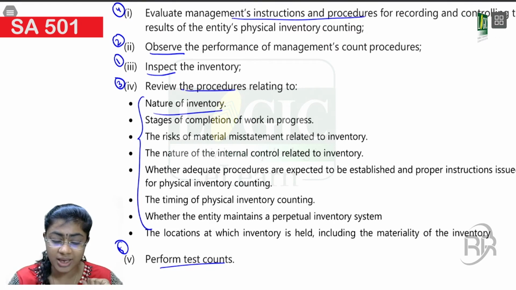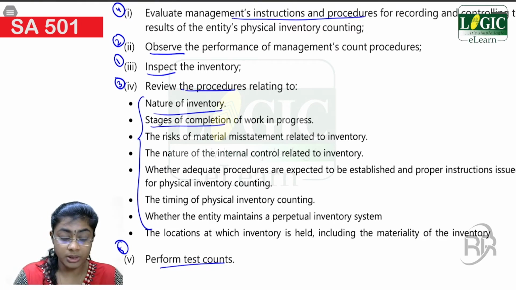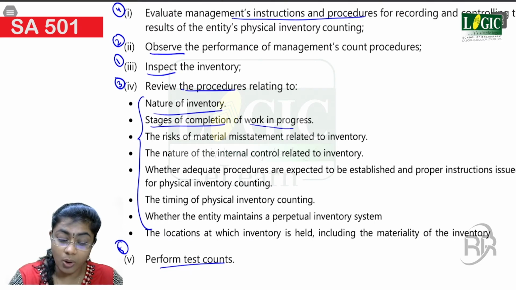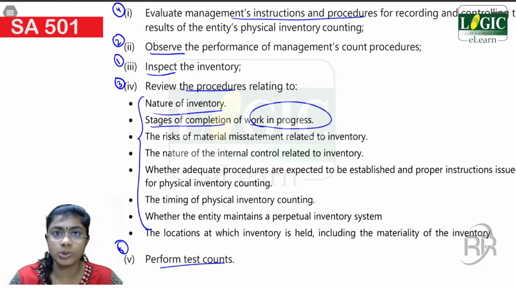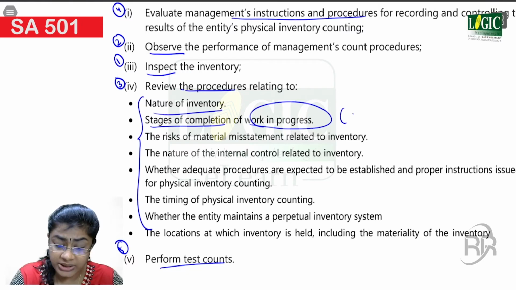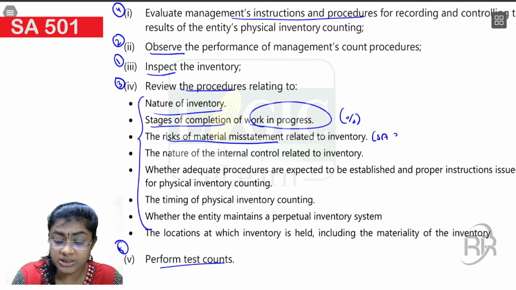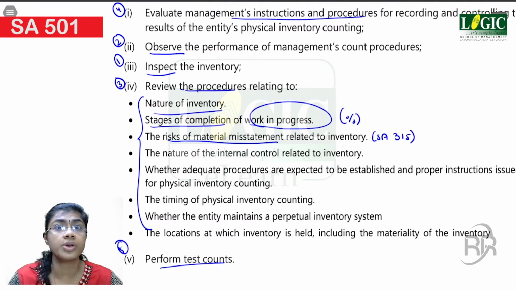So we have to see the nature of inventory. Stages of completion. Why? Inventory will also include the work in progress, no? So we have to see the percentage of completion. Then, any risk of material misstatement with respect to inventory.